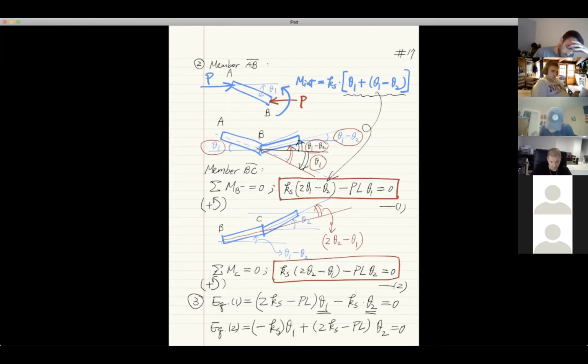This will be 0. Correct? So here we did nothing but rearrange these terms, so we can separate theta 1 and theta 2 from these two polynomials. That's the whole idea.